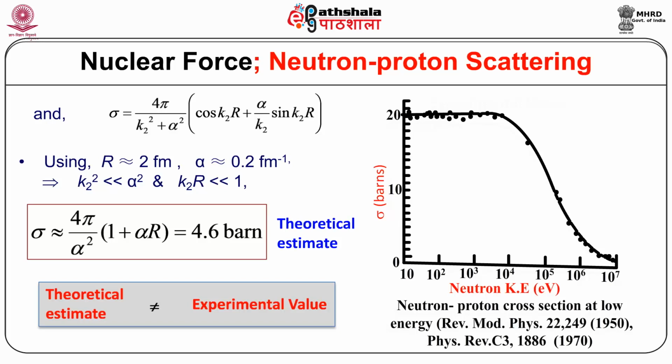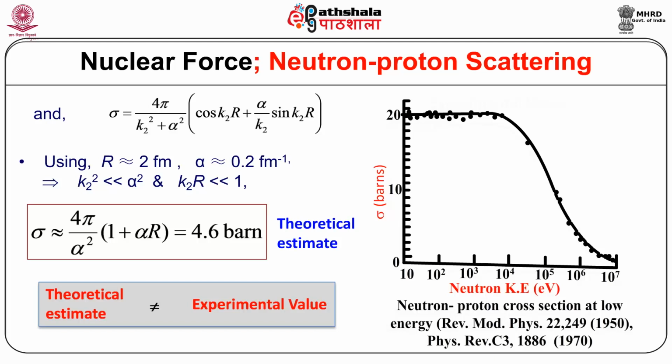We find that K2² is very much less than alpha², and K2R is very much less than 1. So sigma turns out to be around 4 pi over alpha² (1 plus alpha R), which is equal to 4.6 barn.